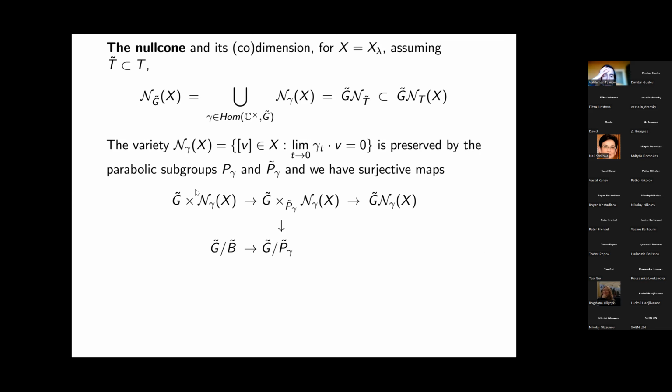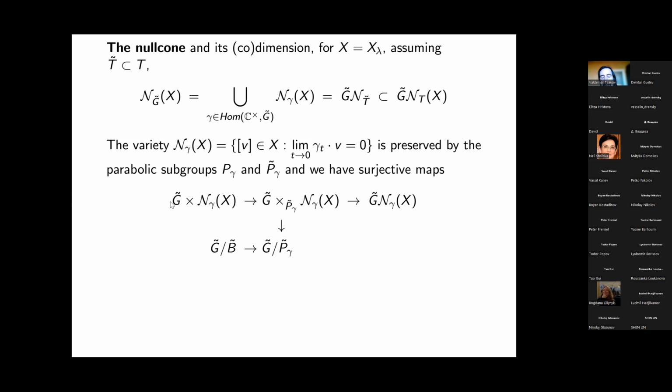and note the following. So since we have this action, we have a surjective map first from this product. If I act by P tilde on the right here on the group, I act on the right by the inverse, and I act on the left on this set, which is stable under P. And so the quotient by this left-right action is a fiber bundle, denoted in this way, which is a fiber bundle over this flag variety of G tilde of the small group.